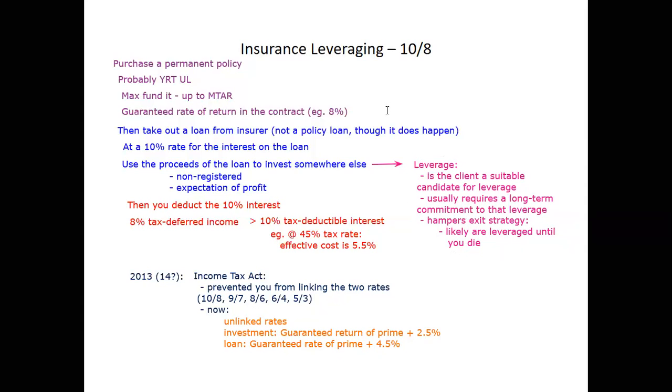Okay. I believe not just with this, with any leverage strategy, whether it's a short-term RRSP loan, right up to big dollar investments in order to fund the start of a business, I believe any leverage, one of the keys is exit strategy around that leverage. How are you getting out of this?